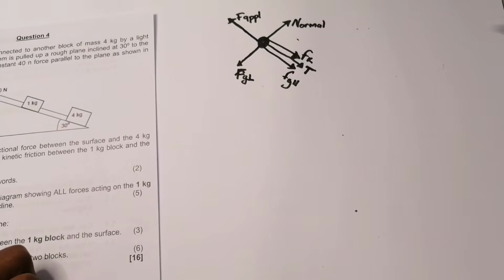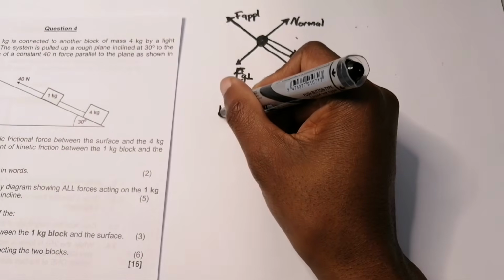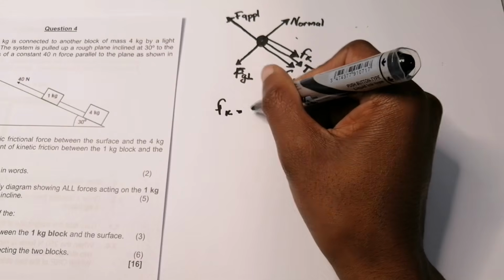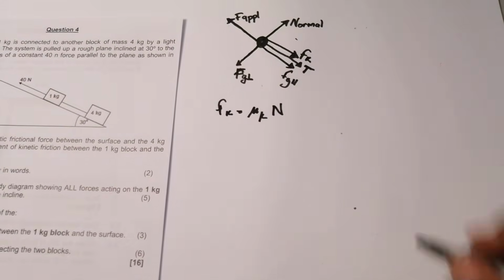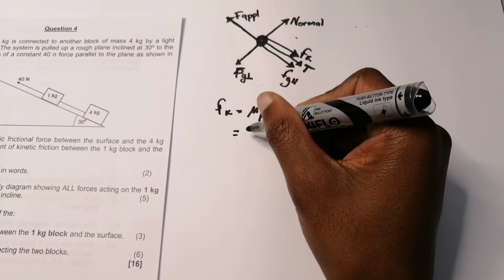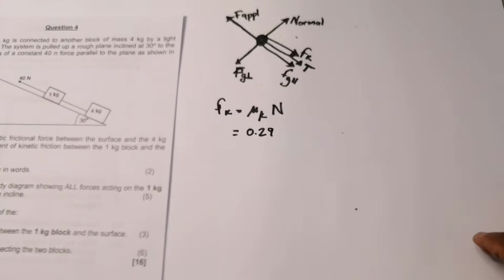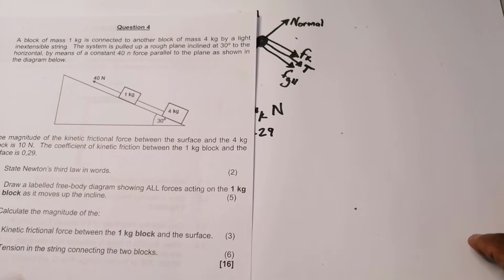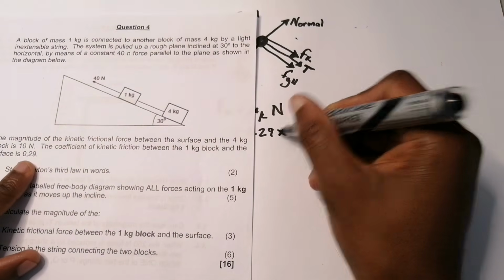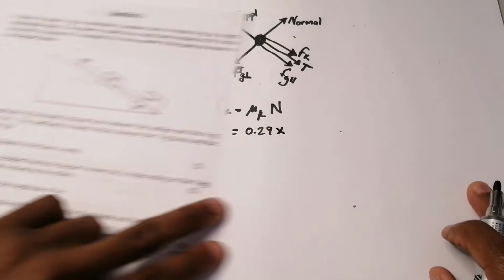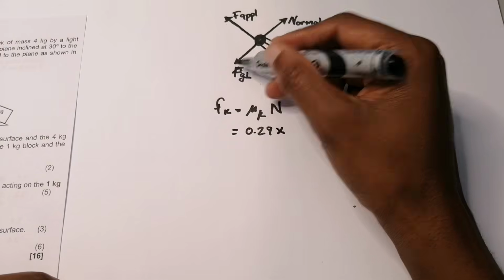So in this case, I'm going to simply say my frictional force value is going to be coefficient multiplied by the normal force, right? They gave us the coefficient as 0.29. Remember we're given there. They told us it's 0.29, and then multiplied by the normal force. But you remember now, the normal force is equal to our perpendicular component.